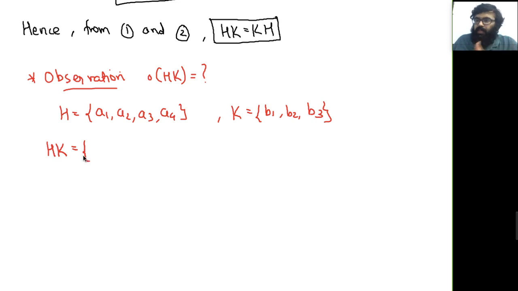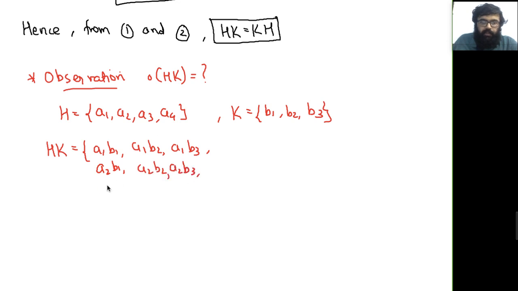An element of H times an element of K. So of course a1 b1, a1 b2, a1 b3, then similarly a2 b1, a2 b2, a2 b3, then a3 b1, a3 b2, a3 b3, then finally a4 b1, a4 b2, a4 b3.